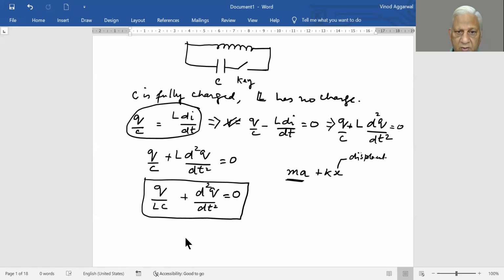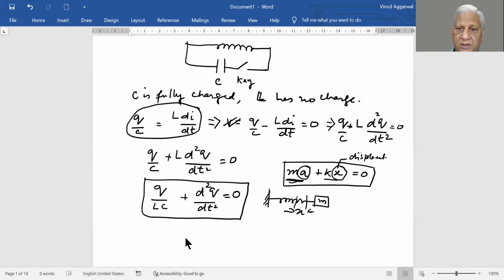Just to explain once, recall, this is a typical case of a spring and mass. The force is kX, X is the displacement from the stretched position. If the spring is stretched by X, it produces a force which produces acceleration. So this is a typical force equation in mechanical SHM.